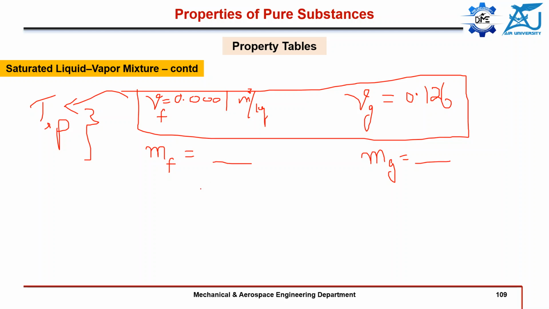The total mass definitely will remain the same. Mt will remain the same. However, as the phase changes, this mass drops and this mass increases. Right? The mass of vapor increases.